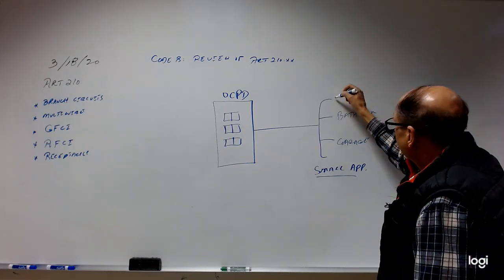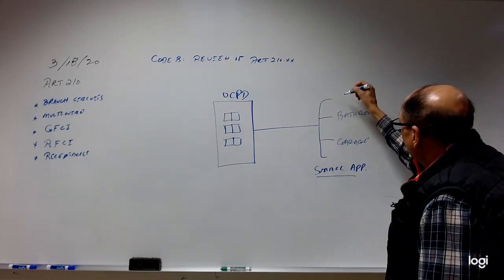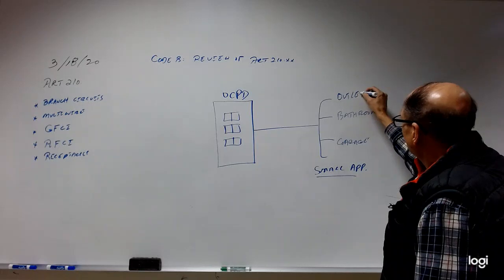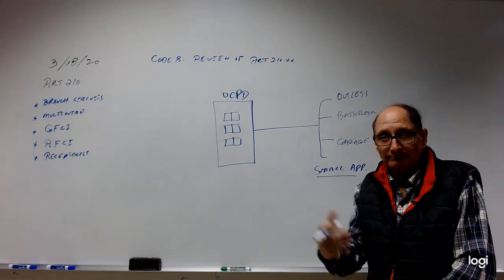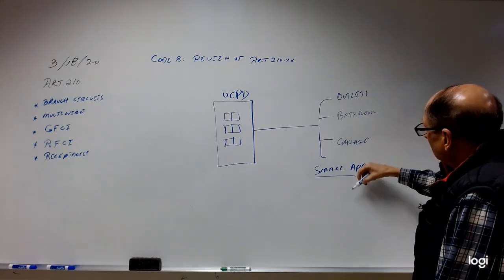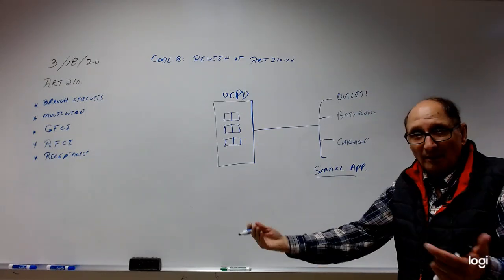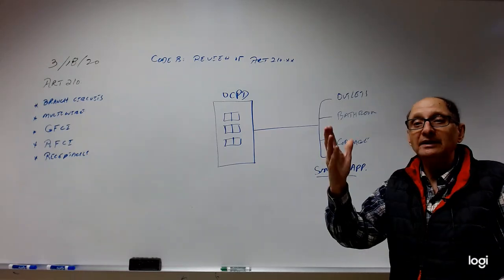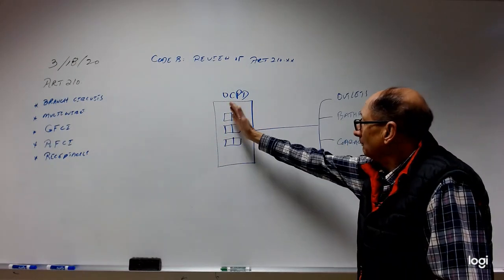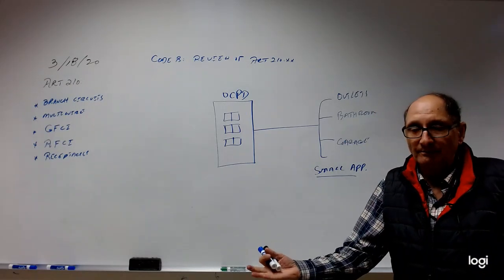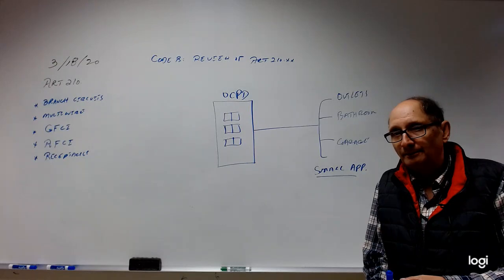Then we have general purpose receptacle outlets. They are our branch circuits. These are just some examples. Anything that extends beyond the last overcurrent device is basically called a branch circuit.